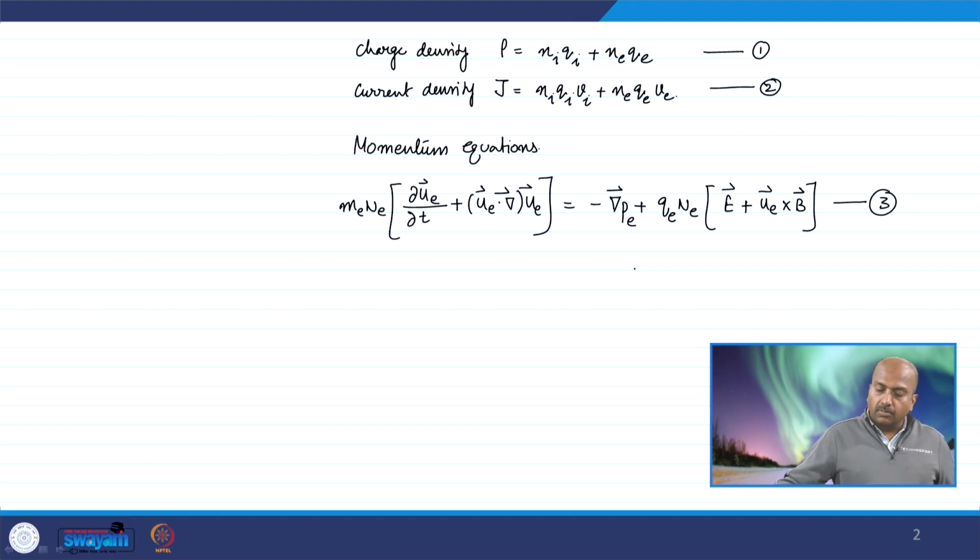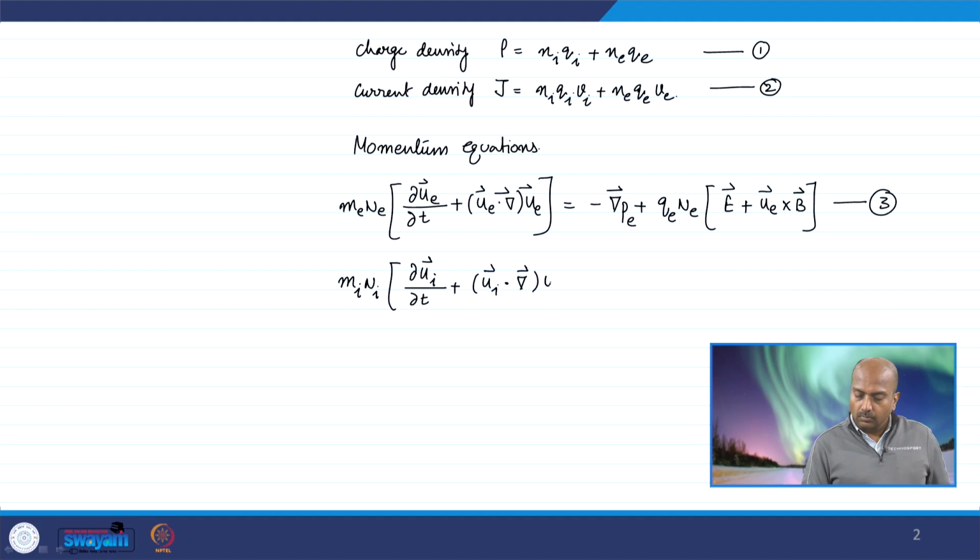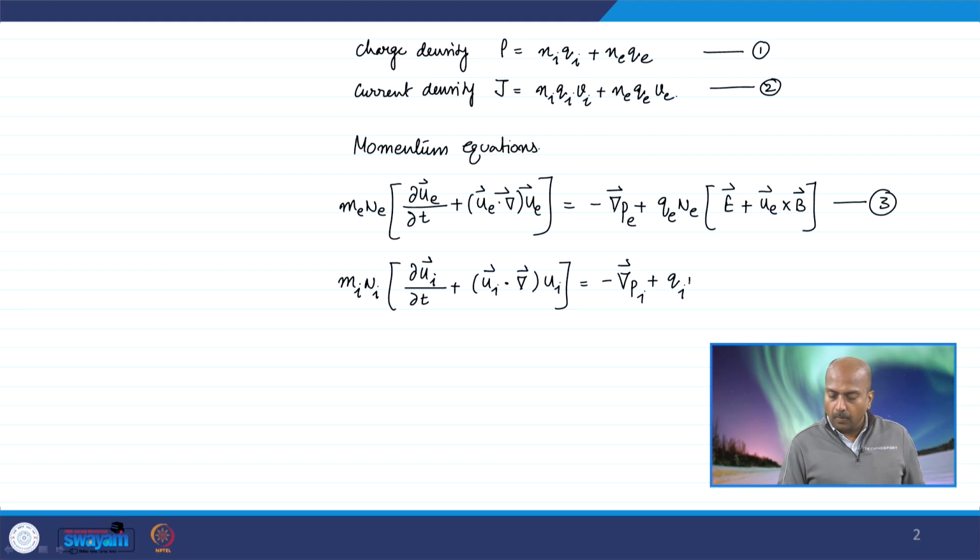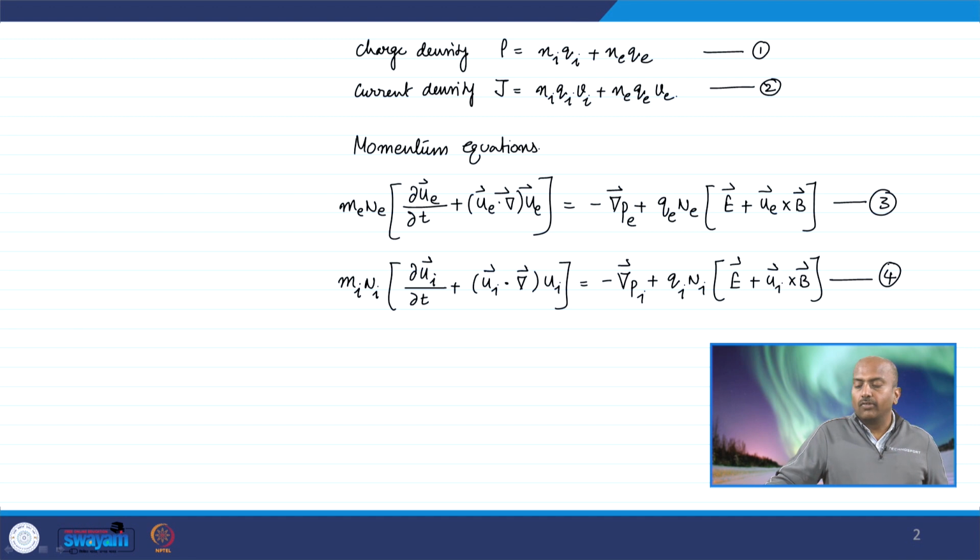E is the electric field, B is the magnetic field, etc. So we can also write the equation for the ion, Mi times... So these are the momentum equations for electron and ion fluid.